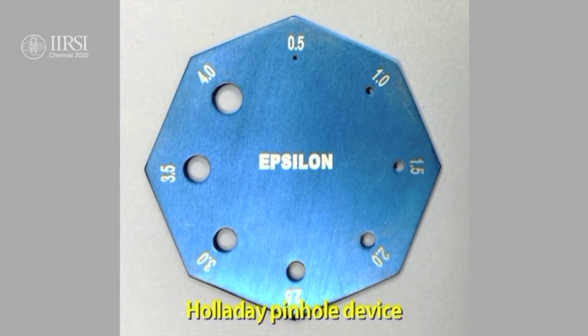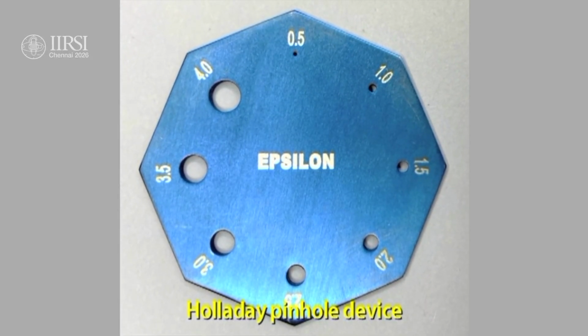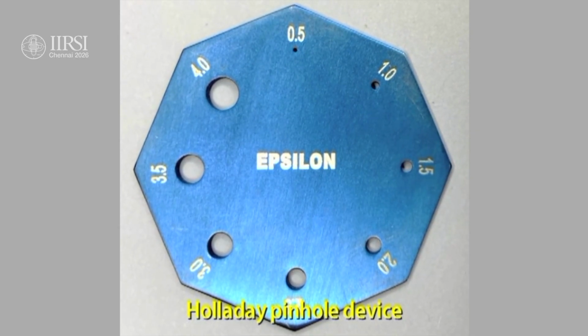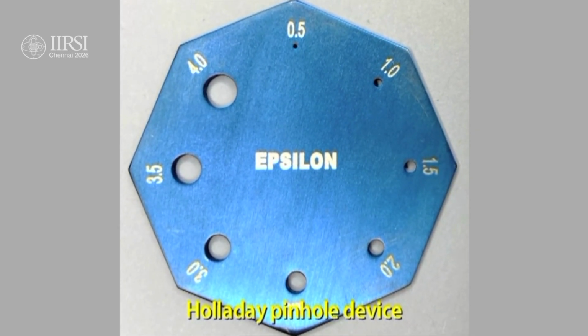Another question which I have for you, Doc, is how do you determine the size of the pinhole? Is it going to be 1 or 1.5? Like pre-operatively, can you determine that size as well? Yes, absolutely. What we do pre-operatively is that we have a pinhole device with various gauges on it, starting from 0.5 millimeter to 4 millimeter. It keeps on increasing gradually at every 0.5 millimeter.